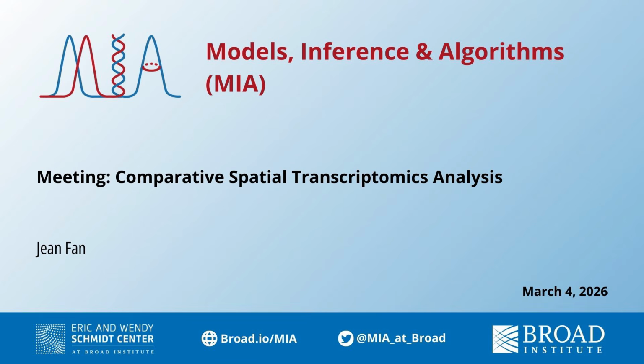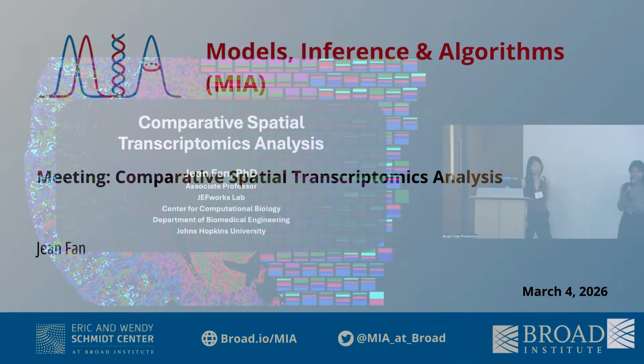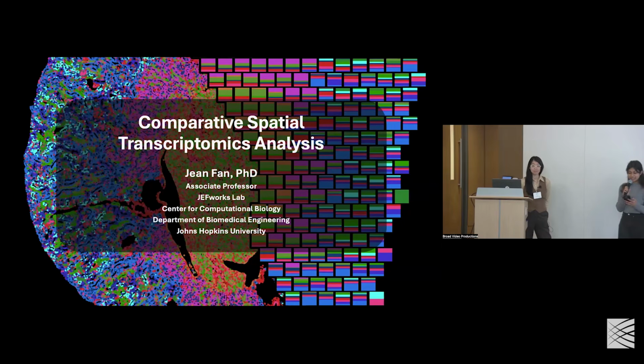All right. So I'm really excited to now introduce Dr. Jean Fan. She's an associate professor of BME in the Center of Computational Biology at Johns Hopkins. Her research team, the JeffWorks lab, is interested broadly in understanding the molecular and spatial contextual factors that shape cellular identity and heterogeneity. She develops new open source computational software for analyzing single cell, multi-omic, and imaging data that can be tailored and applied to diverse cancer types and biological systems.